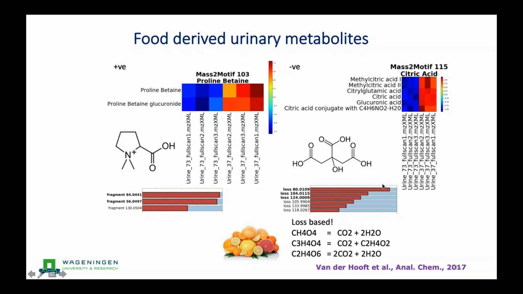And that led me to the conclusion that this is very likely to be a citric acid related motif. And the nice thing, of course, is it links back to the motif of proline betaine, because as some of you might know, this is a marker for citrus fruit intake, and citric acid is in citrus fruit.